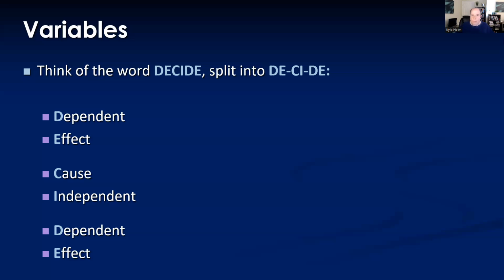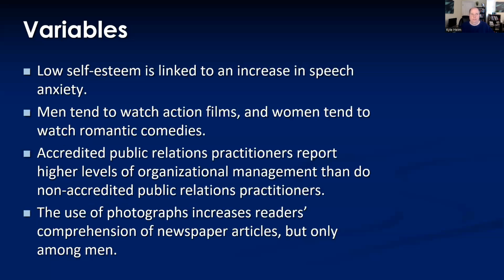So if you can remember the word decide and how it's split up into groups of two letters, DE, CI, DE, that will help you remember which one is the effect, which one is the cause. So let's look at some examples of this, because until we look at some actual examples, I know this all seems a little bit hazy.